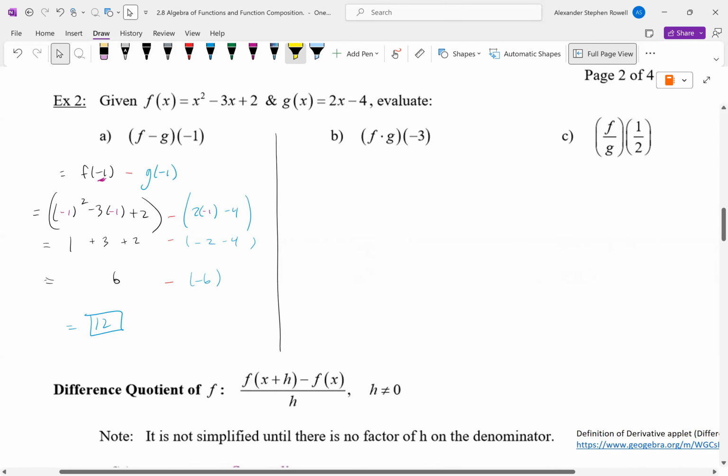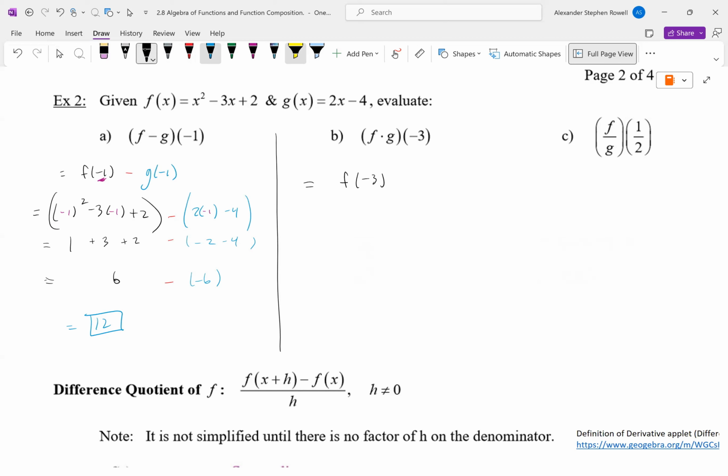F times g of -3. I'm just getting used to this new notation. This is f of -3 times g of -3. Maybe I should color code it. F of -3, g of -3. Okay, so f of -3 would be -3 squared minus 3 times -3 plus 2. And we compute that in parentheses before we multiply it by g of -3, which is 2 times -3 minus 4.